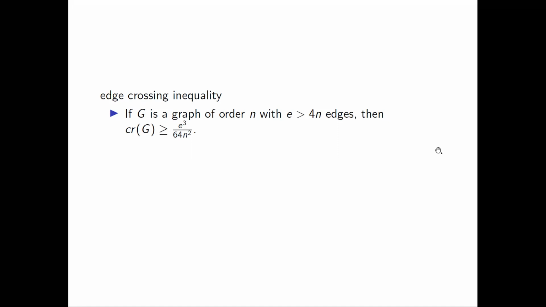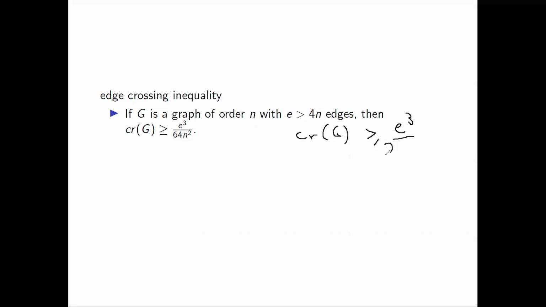And it's possible to get a sharper lower bound than this. So you can improve the constant. You can prove CR of G is greater than or equal to E cubed over, I think it's 29 n squared. But you need to assume that E is larger relative to the order, so E greater than 7n.